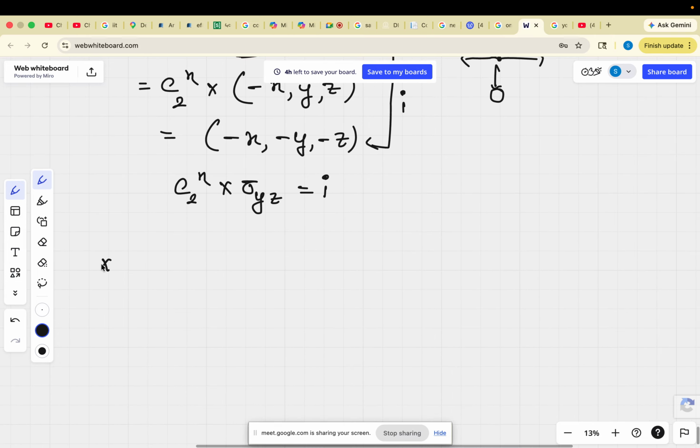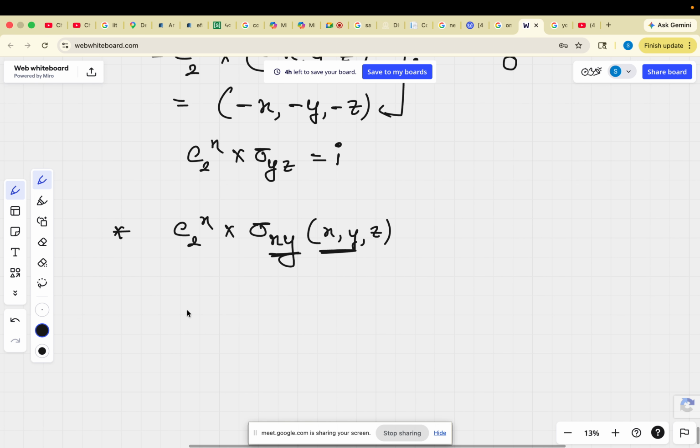Okay, now next, suppose I have C2x into sigma xy of xyz. These are the Cartesian coordinates you have. So xy, again no need to change xy, only z we will change. So if we change the z, I will get x comma y comma minus z. Now C2x, so x no need to change.